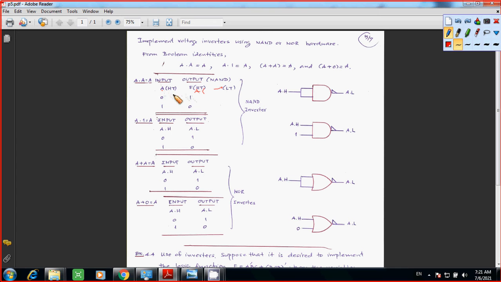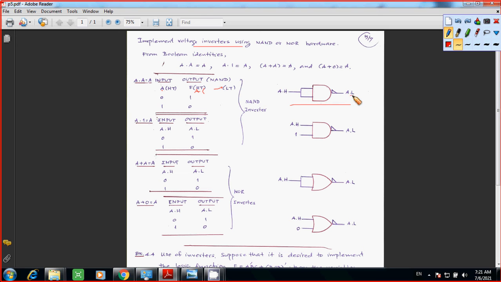So for your low true, that's going to be your inverse. So 0 becomes 1, 1 becomes 0. This is the voltage inverter. And this is your symbol. You probably short your two inputs of the NAND gate together.